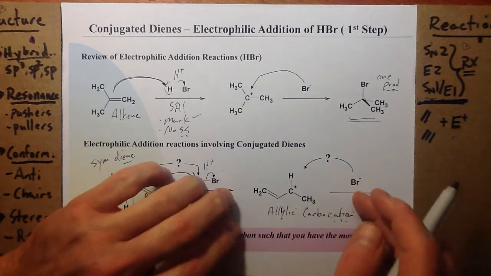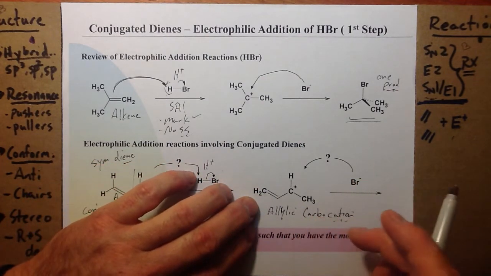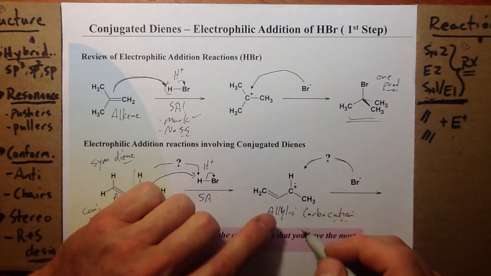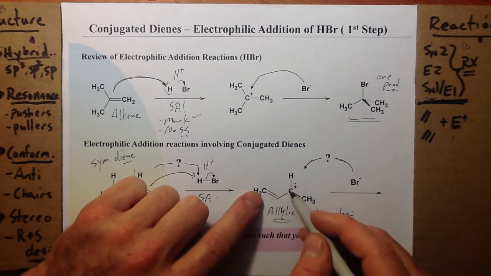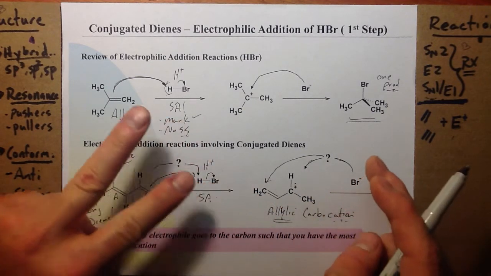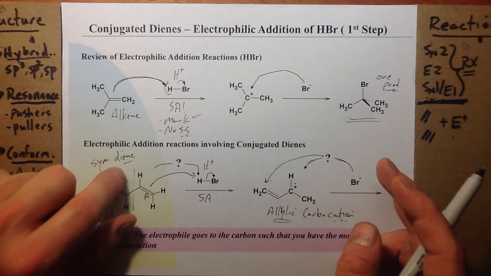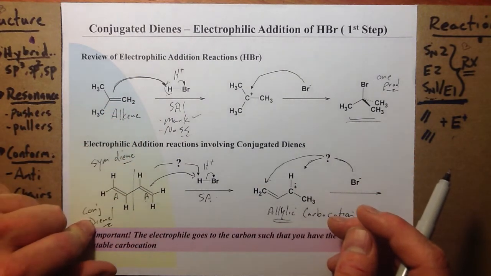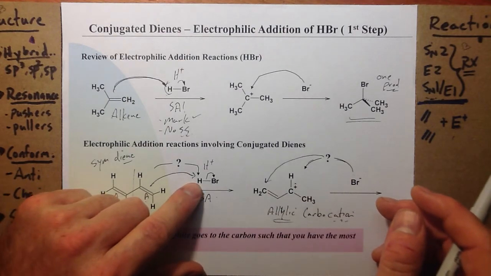And then we could finish off. Once we make it to this allylic carbocation, we can have bromide attack either here, but since it's an allylic carbocation, we know the positive charge can also be expressed here. So now we start to look at two products always that can be considered, at least two possible products from conjugated dienes reacting with strong acids.